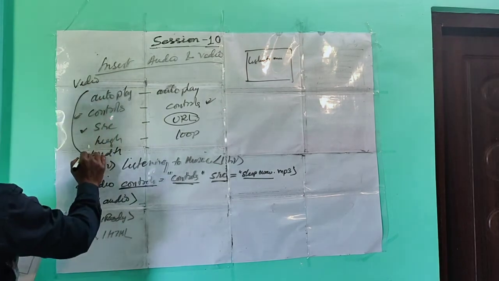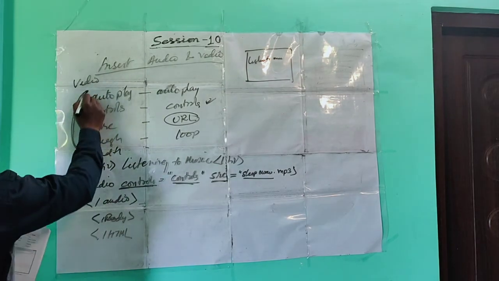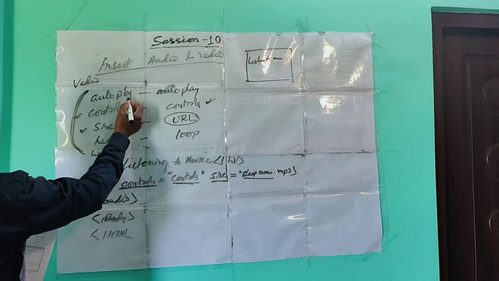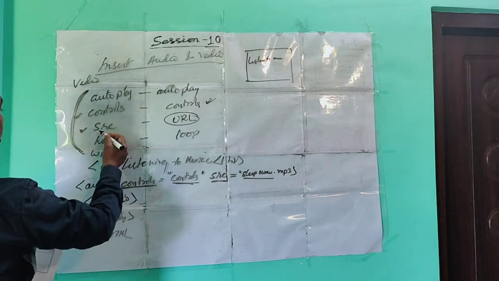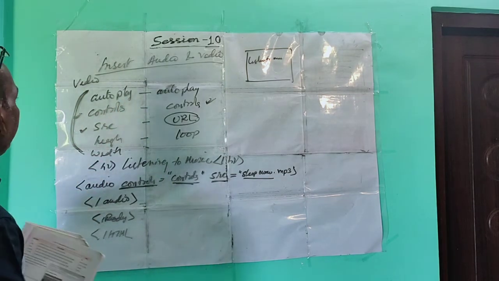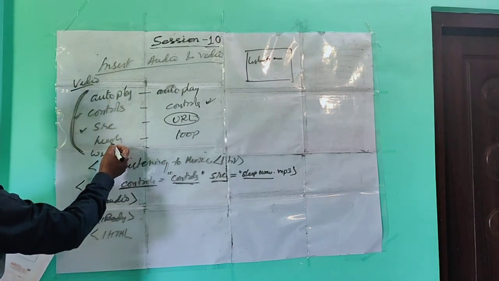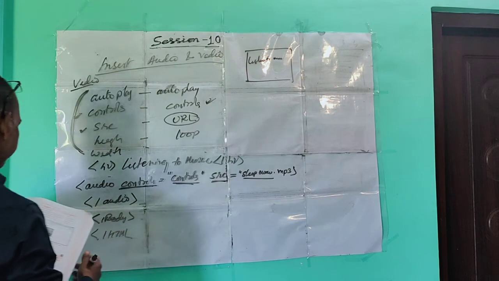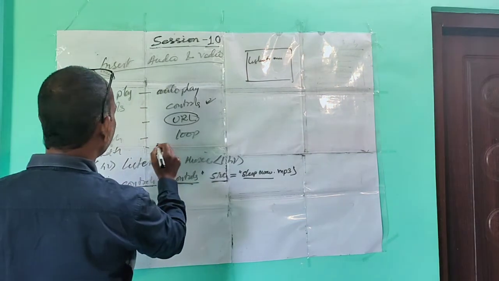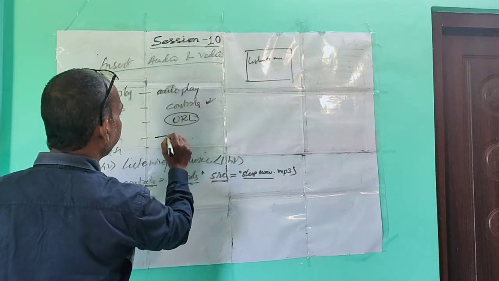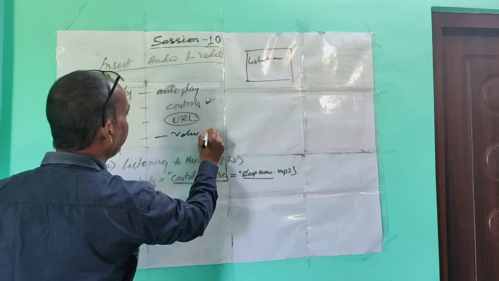In audio we have autoplay, controls, src, loop, but in video we get autoplay, controls, src, height and width. Here we use the value in pixels.